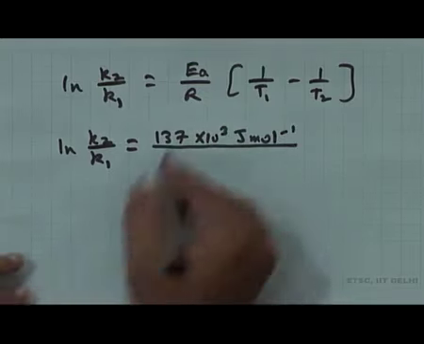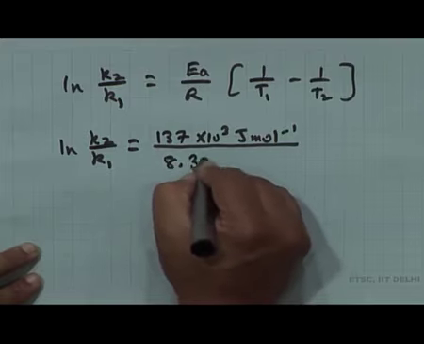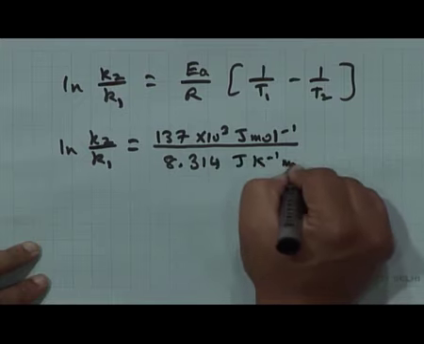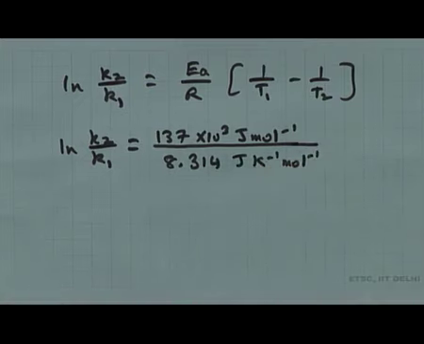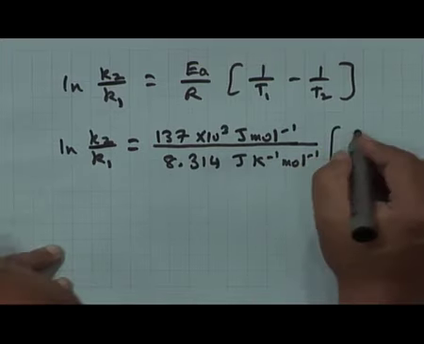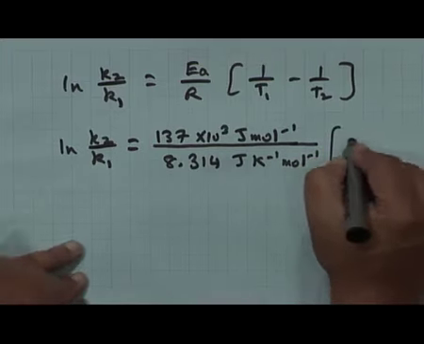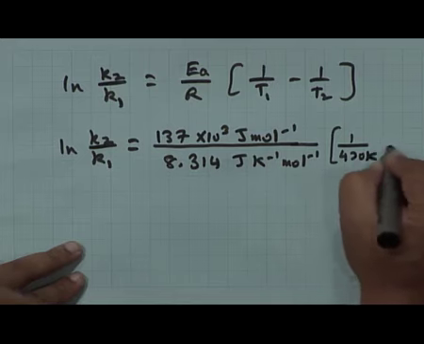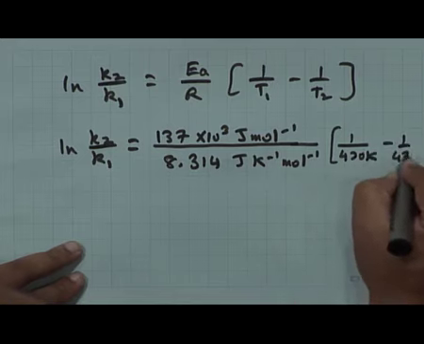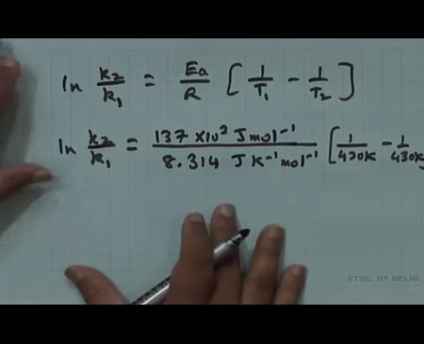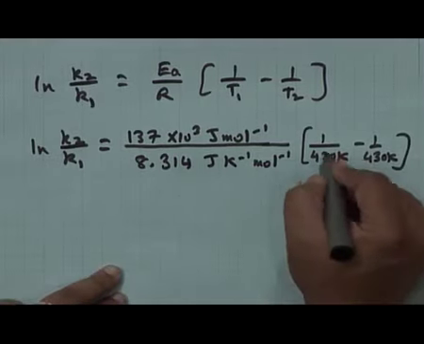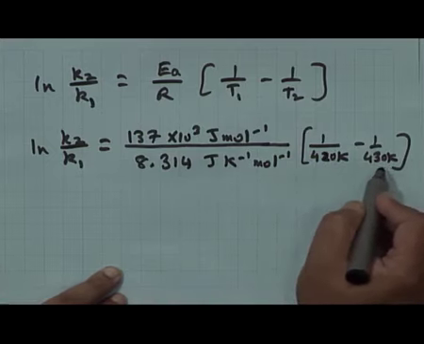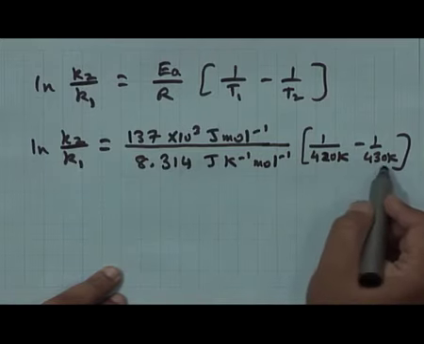Now, the value of R is 8.314 joule per Kelvin per mole, and then I have 1 by T1 minus 1 by T2. So, I can write 1 by 420 Kelvin minus 1 by 430 Kelvin. That is T1, this is T2.